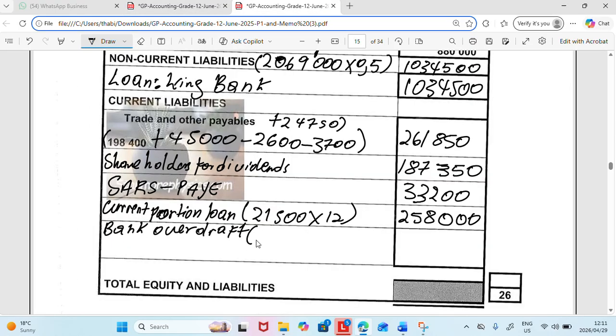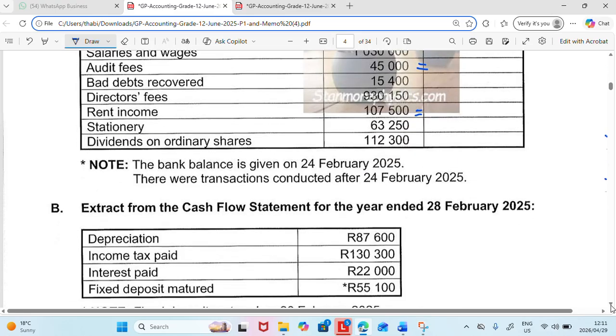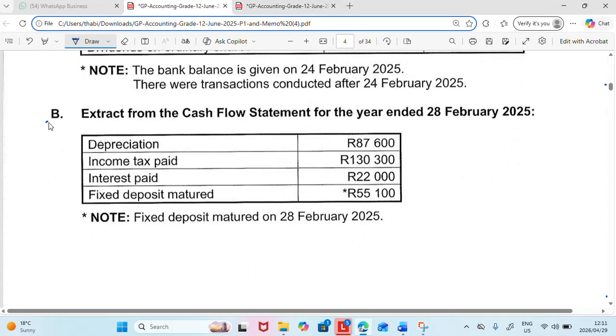So I already know that we have information that will impact our bank overdraft. So look at information B, the extract from the cash flow statement. The cash flow statement shows that we have received a fixed deposit. We have received money from a fixed deposit of how much? 55,100. An inflow. The fixed deposit matured 28 February 2025.